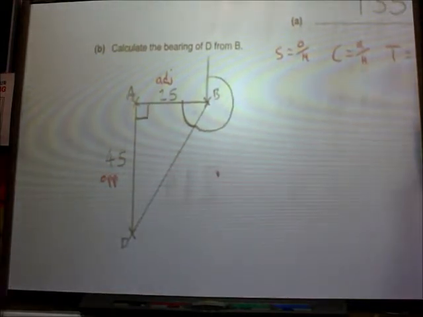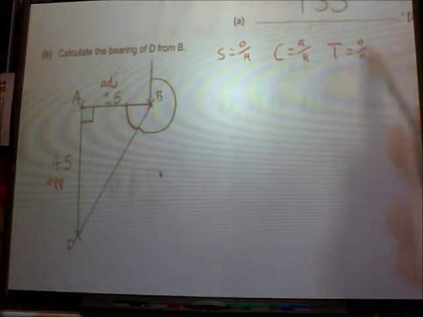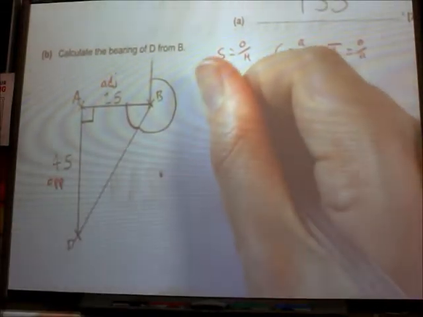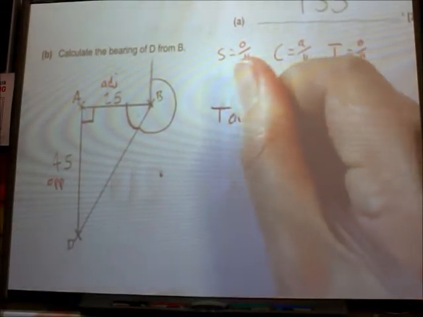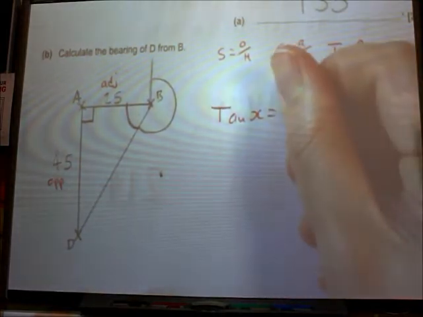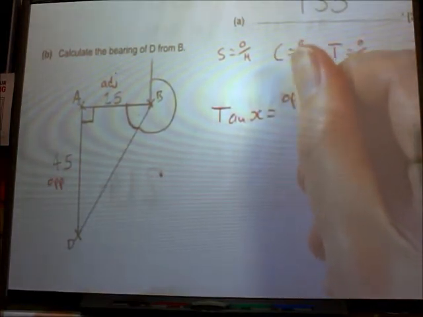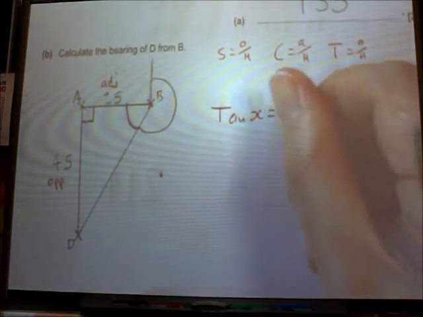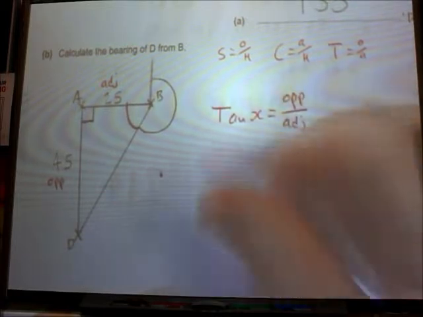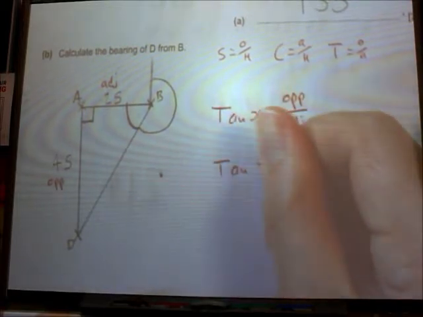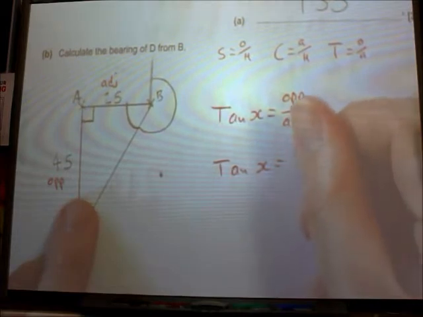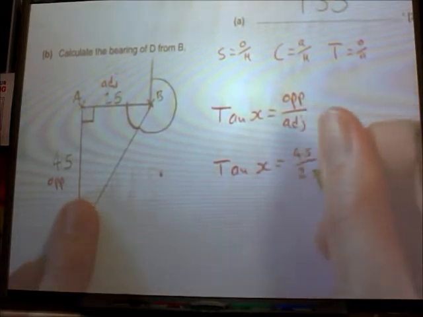It's tan has got the opposite and adjacent in. So we're going to use tan. So tan x equals opposite over adjacent. So tan x equals 45 over 25.